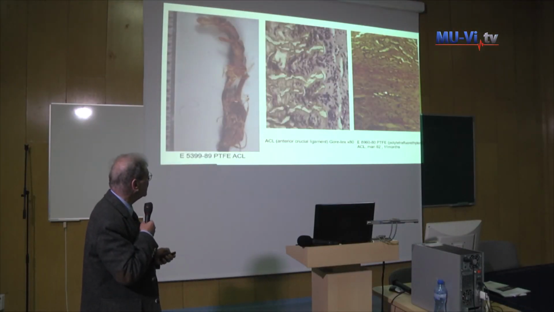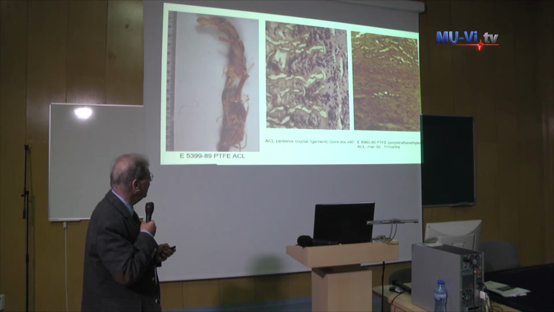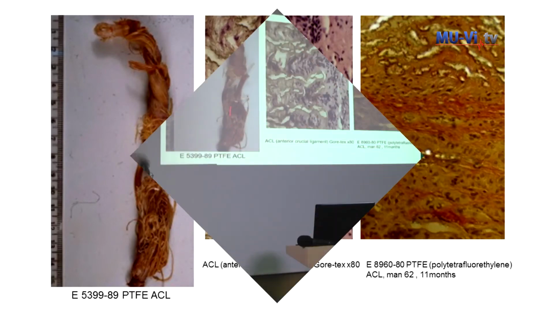Or this is another example for the PTFE, polytetrafluoroethylene, replacement of the anterior cruciate ligament, where you see important inflammation and reaction in the neighborhood of this material, which is in some areas broken.